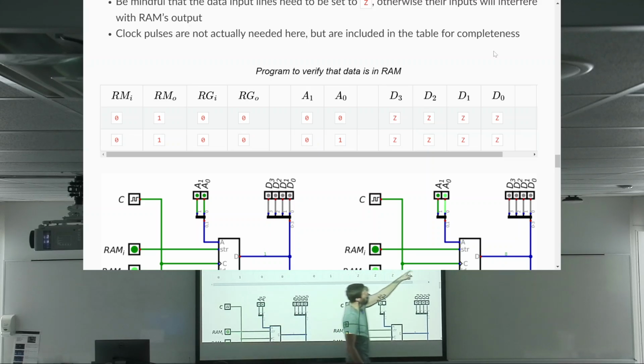But here, there will be data on this data line. The data on the data line will be from RAM out, from the RAM. I, though, am setting my data inputs to Z. That's why they're gray. So this does not mean, oh, the data on the data line is Z. No, it means the data on these buttons are Z. No data.